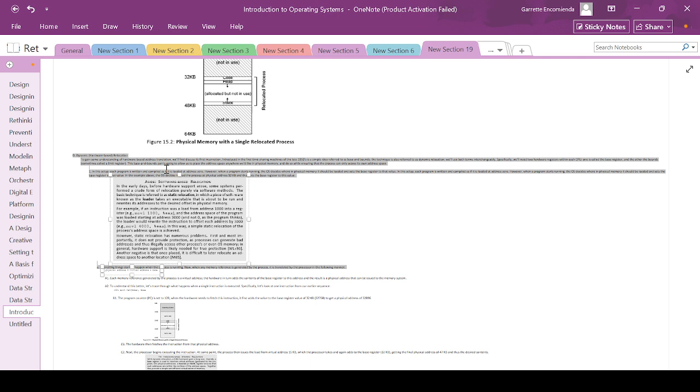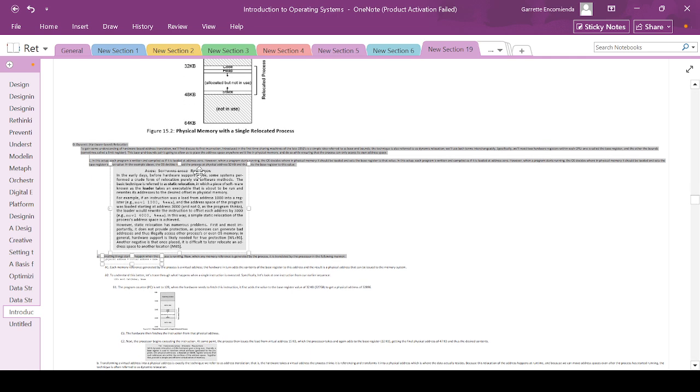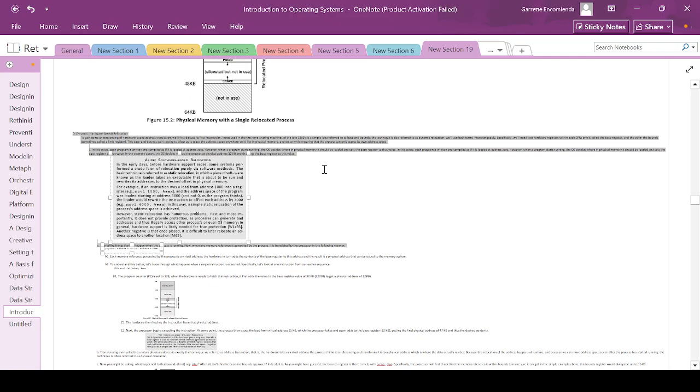This base and bound pair allows us to place the address space anywhere we'd like in physical memory, with the help of the hardware tracking the start and the limit, while ensuring that the process can only access its own address space.